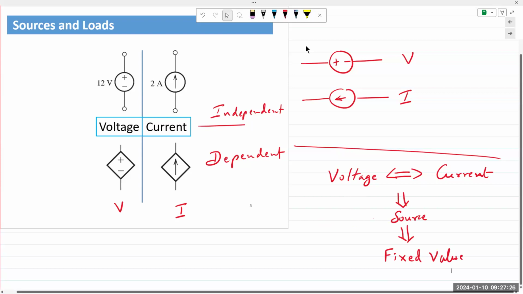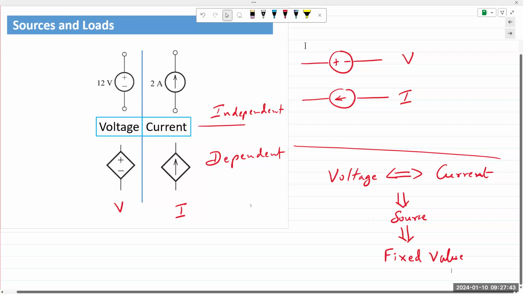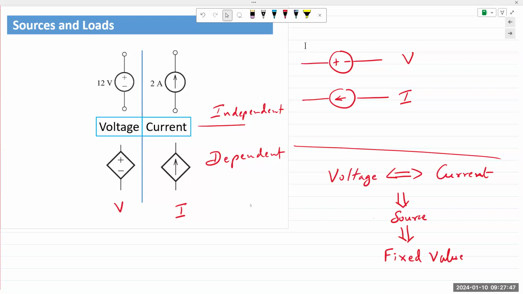So a 5-volt voltage source will supply 5 volts irrespective of the current requirement. Same thing for the current. A fixed value of current will be supplied by a current source while the voltage could change. And we'll talk more about this once we come to Ohm's law.